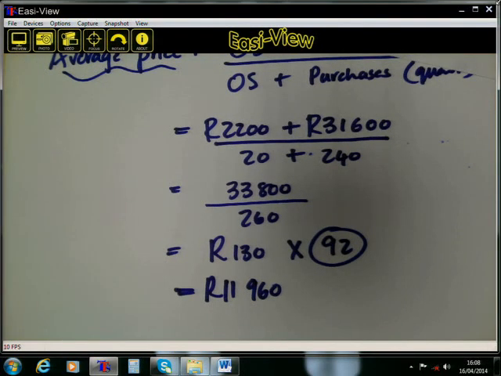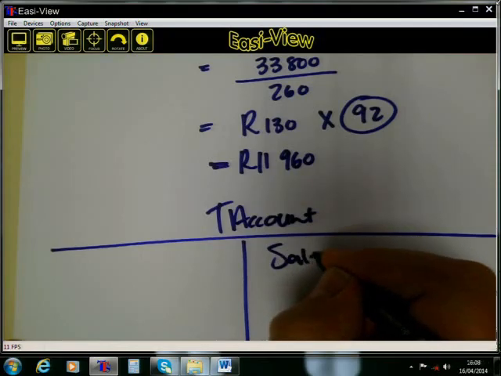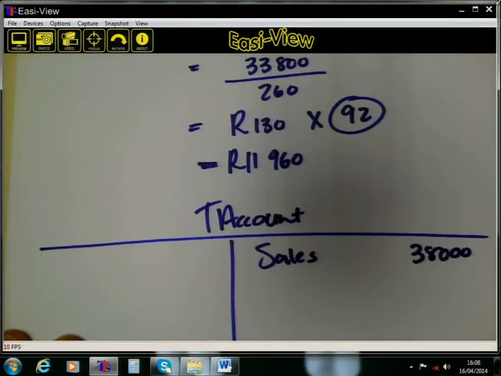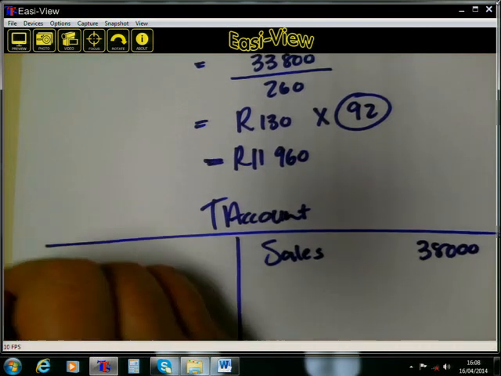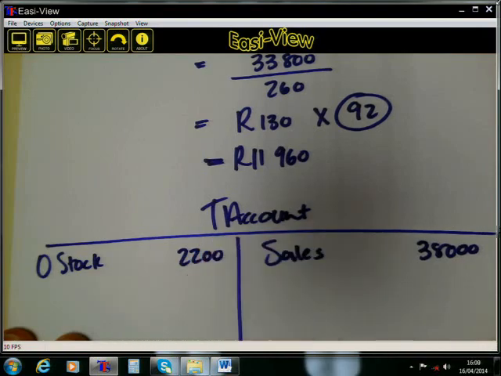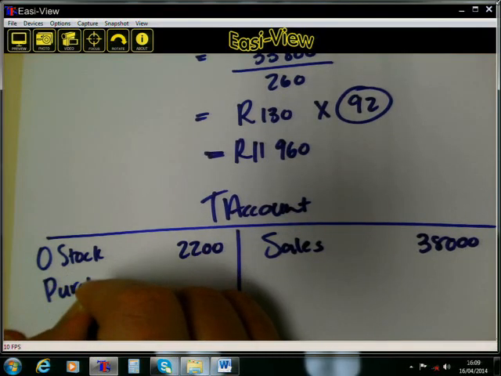I'm going to do the trading account again. The sales didn't change. The sales is still 38,000 Rand. The opening stock didn't change. The opening stock is still 2,200. The purchases didn't change.